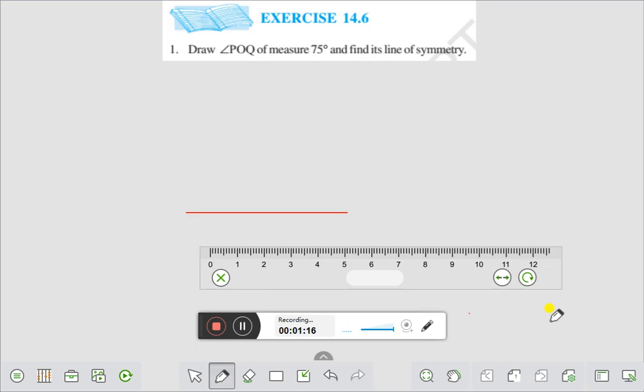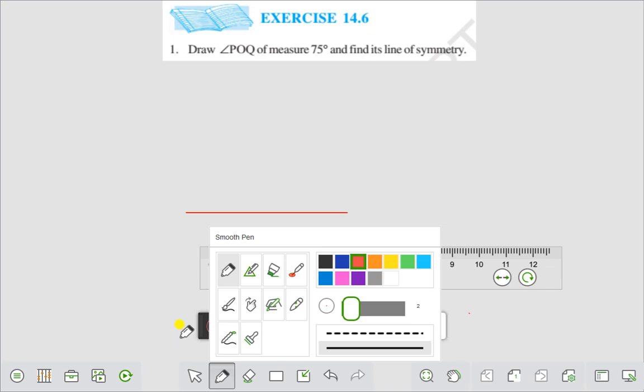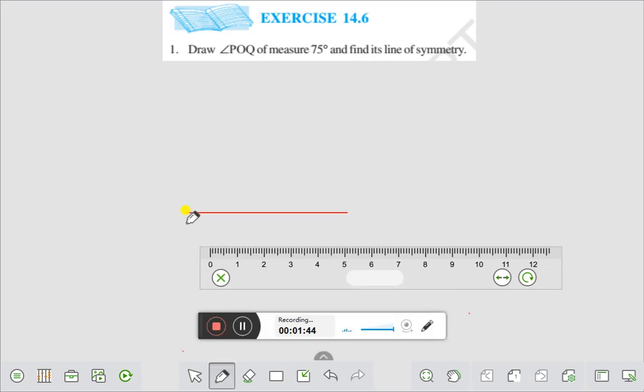Let us take this point as B. Suppose this point is B, this point is C.